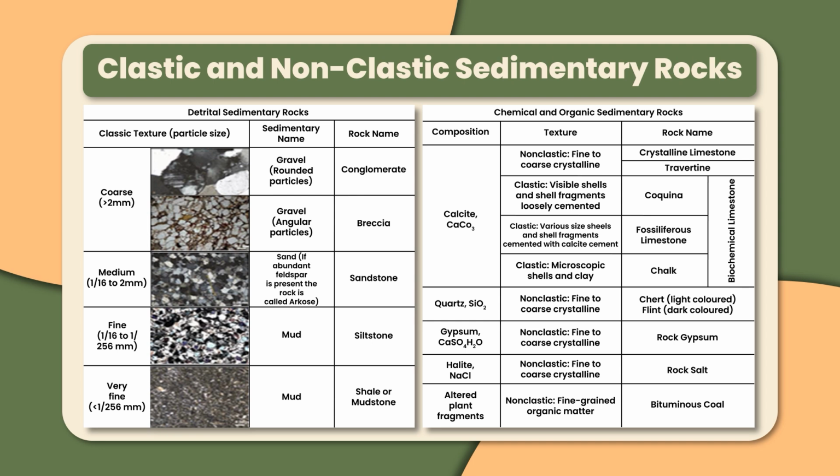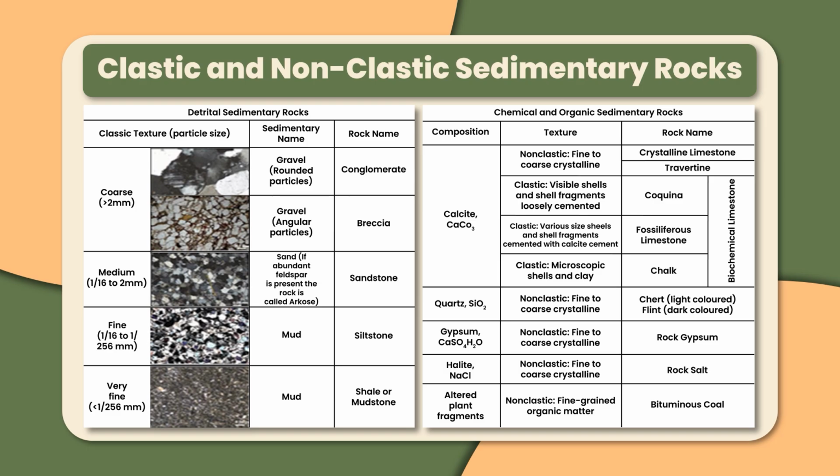Fossiliferous limestone has clasts of various sizes, shells and shell fragments, cemented with calcite cement. And with microscopic shell and clay, they produce chalk.